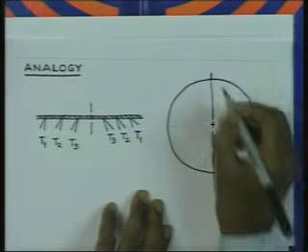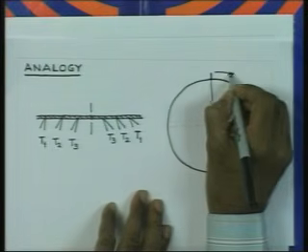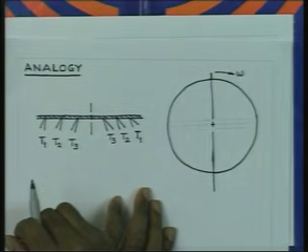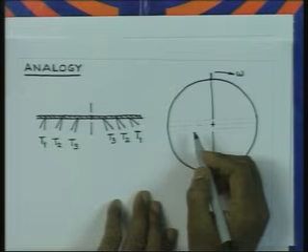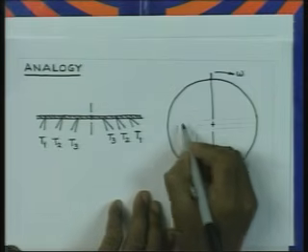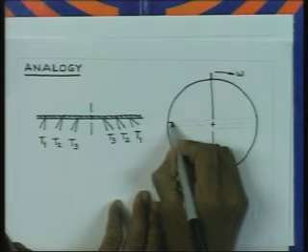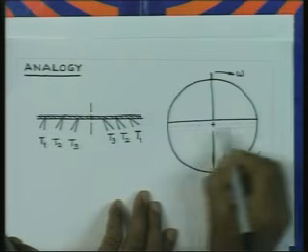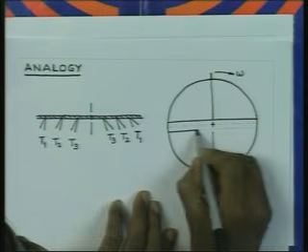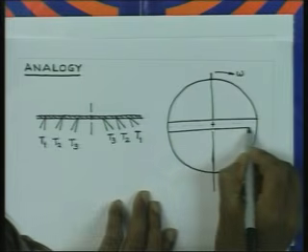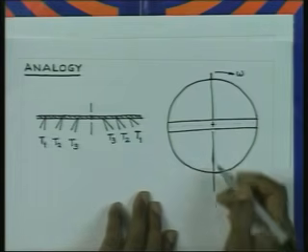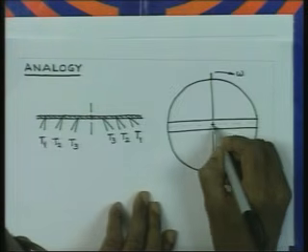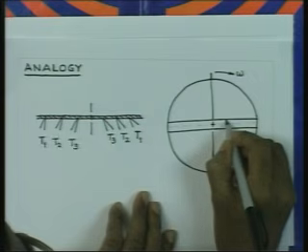It is rotating with an angular velocity omega. We consider a small strip of the disc like this, and let us divide this small strip into 6 equal segments.